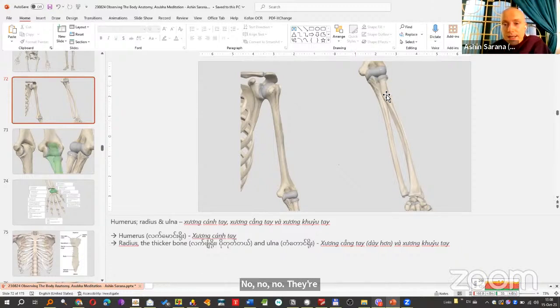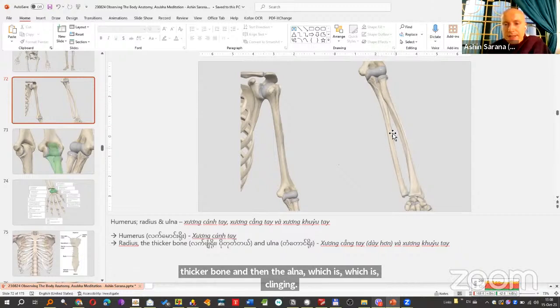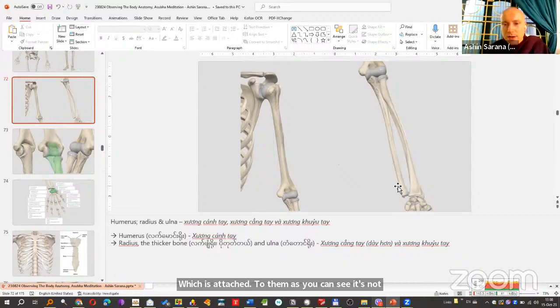So we get here radius, which is the thicker bone, and then the ulna, which is clinging, which is attached to them. As you can see, it's not really well secured, unlike the radius, which is very well secured, and we'll be looking at that.